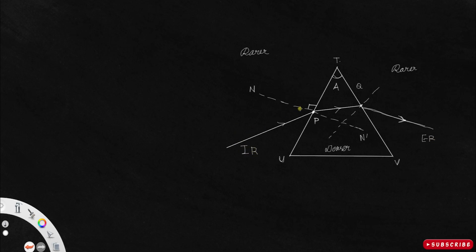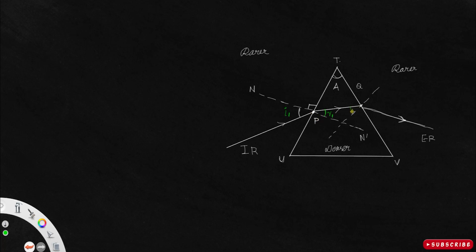And we can take this as angle of incidence. Let's name that as I1, the angle between the incident ray and the normal. And this is the refracted ray, that is PQ is the refracted ray, and the angle between the refracted ray and the normal, we can take that as angle of refraction, R1, at the first surface, to be specific.